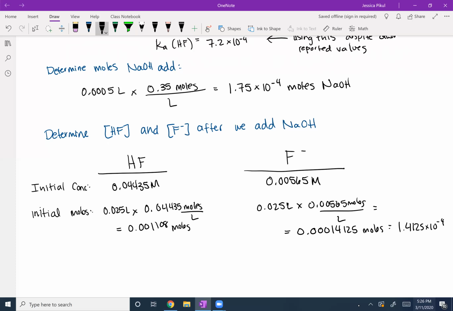In the case of our hydrofluoric acid, because it's what reacts with the sodium hydroxide, we're going to decrease the amount of moles of hydrofluoric acid by the number of moles that react with the sodium hydroxide.